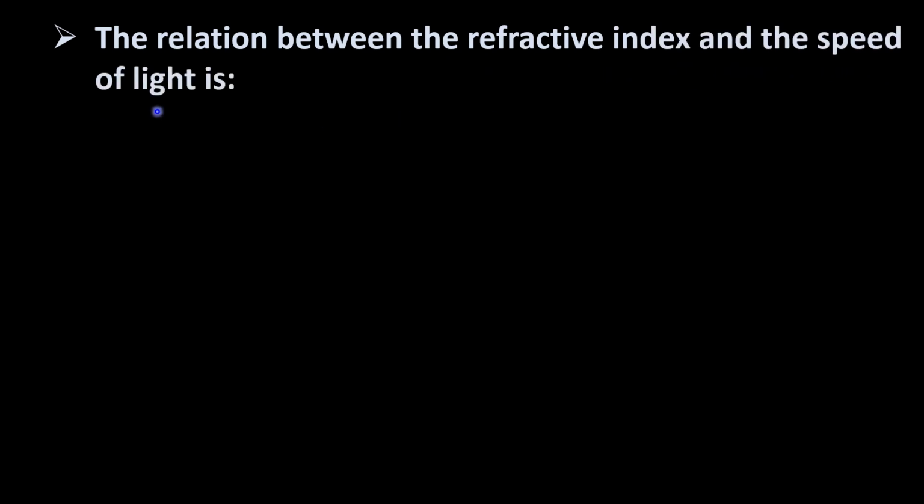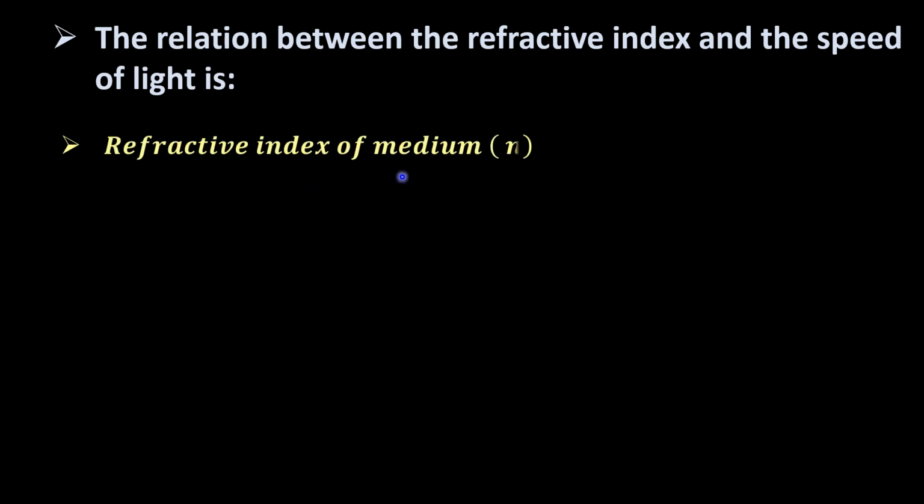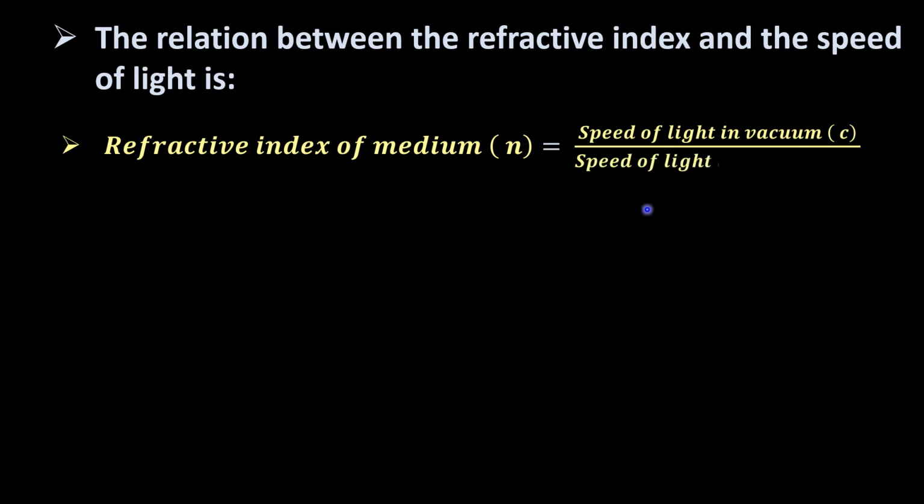Then how do we find the refractive index? See here, the relation between the refractive index and the speed of light is, here is the formula: refractive index of medium, denoted by the letter N, equals speed of light in vacuum divided by speed of light in material.